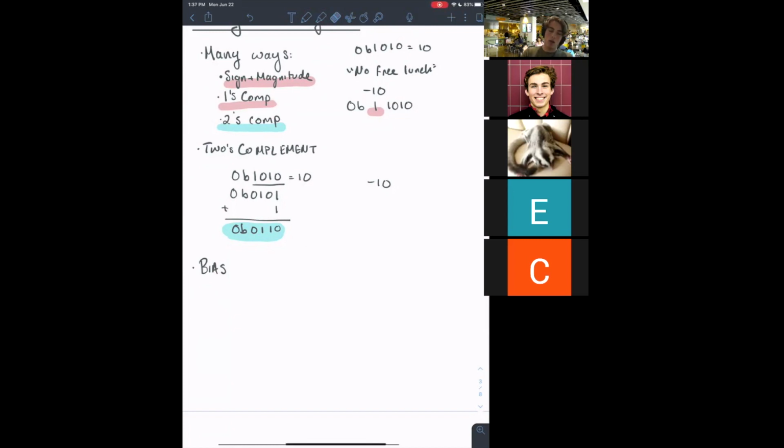And then to convert from 2's complement, the first bit's supposed to be negative. Oh, yes, it is. Good point. So flip the bits and add. Huh. What did I do wrong there?